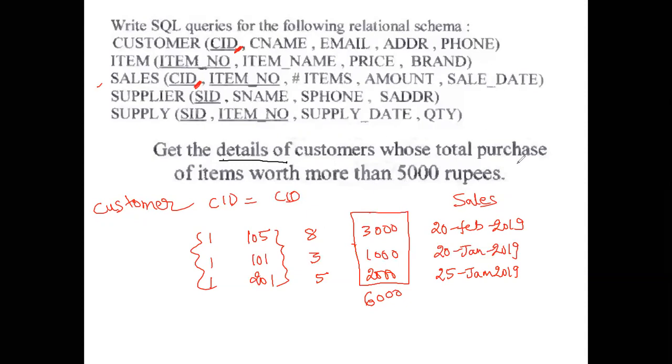Because in the question, it is not mentioned whether it is of a single product or all the products. So if it is not mentioned, we'll assume that it is for all the products, because here items, plural form, is used.